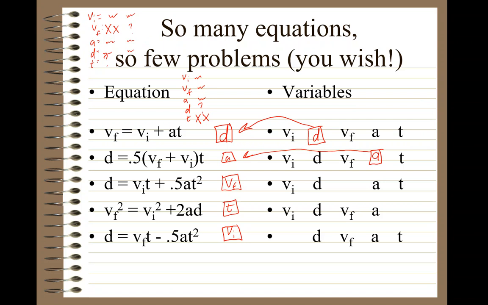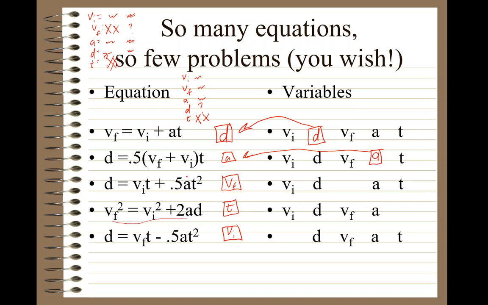But you know what? I did just solve for the time. What if I made a mistake? I can use these other 3 much more confidently than I can use the time. So let's ignore the time. Let's pretend we don't have that in case we did make a mistake. So which one doesn't care about time? Ah, the VF squared equation.